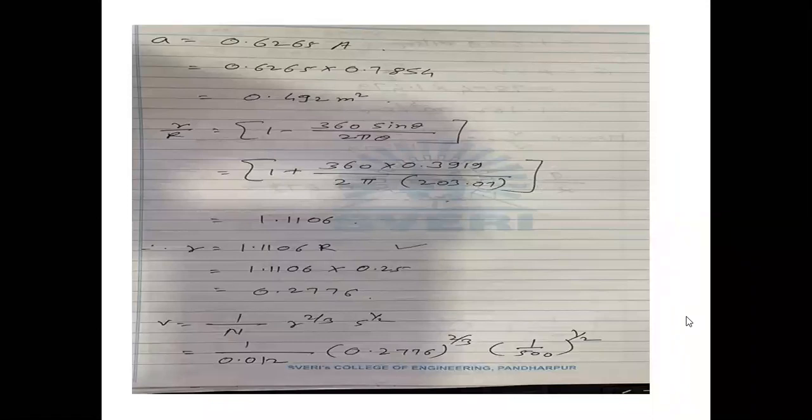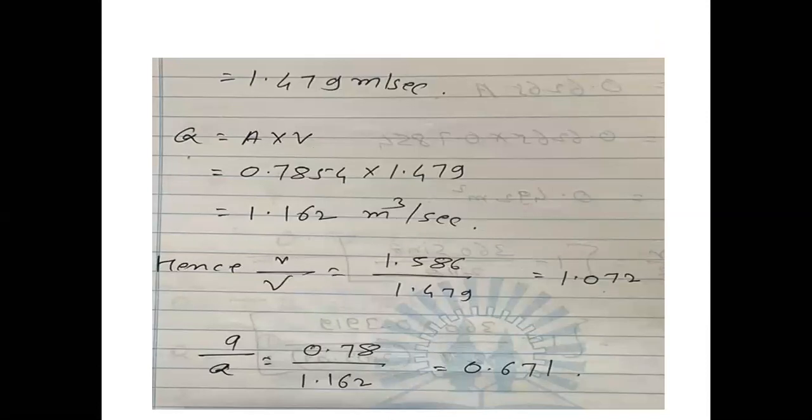Then small v is equal to 1 upon n into r raised to 2 by 3 into s raised to half. 1 upon n, value of n is 0.012, into bracket value of r we have calculated, 0.2776, raised to 2 by 3. Value of s is given to you in the problem itself, that is 1 upon 500 raised to 1 by 2, is it? So from that we have calculated the value of small v, that is 1.479 meter per second.